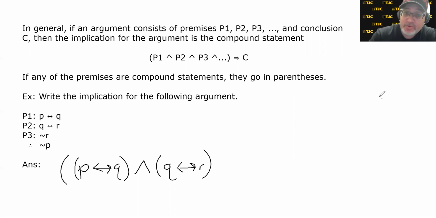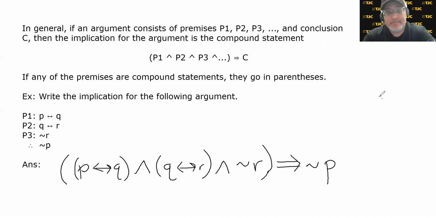There's another premise, so we need another conjunction. Third premise is negation of R, which is not a compound statement, so we don't need parentheses around it. That concludes the conjunction of the premises. Conditional, but super conditional, so it's an implication, if you will. Conclusion, which is a negation P.